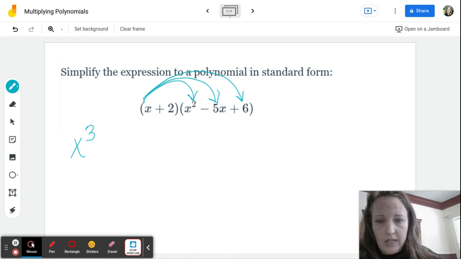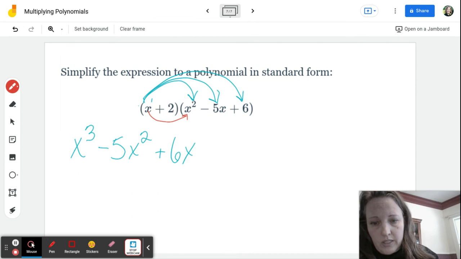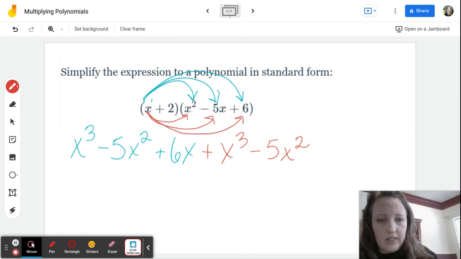And then a negative 5x times x is a minus 5x squared, because there's a first power here. And then 6 times x is a positive 6x. And then I have x times x squared is a positive x to the third. And then x times a negative 5x is a negative 5x squared. And an x times 6 is a positive 6x.